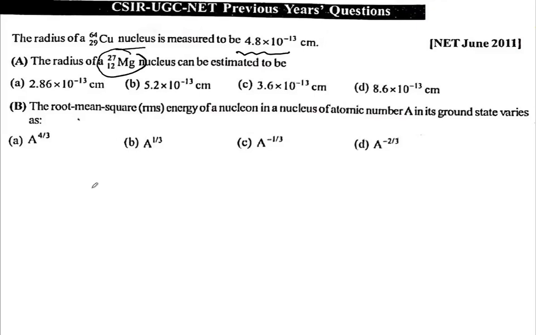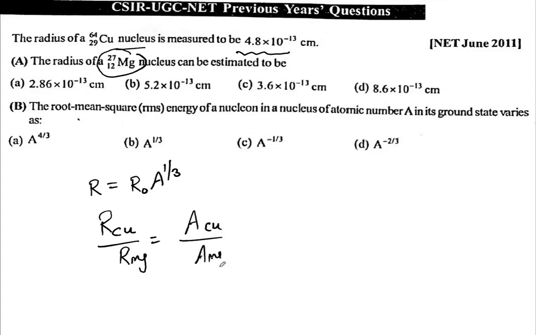As I have explained, for the radius of a spherical nucleus we use the formula r0 A^(1/3). The radius of copper is given, the radius of magnesium we have to find, and it comes out to be the mass number of copper over the mass number of magnesium, to the power 1/3. You can check from here, this represents the A. The mass number of copper is 64 and of magnesium is 27.